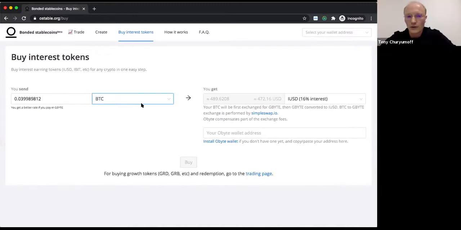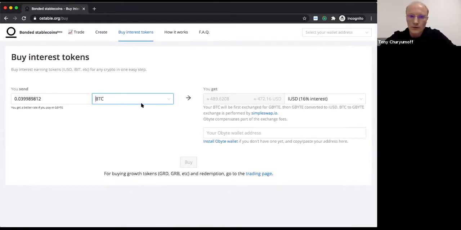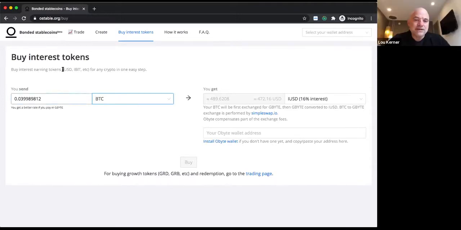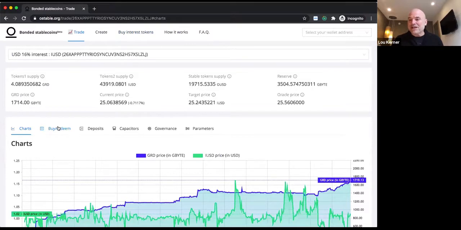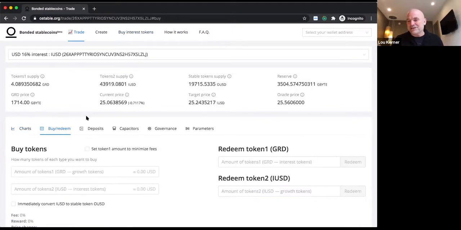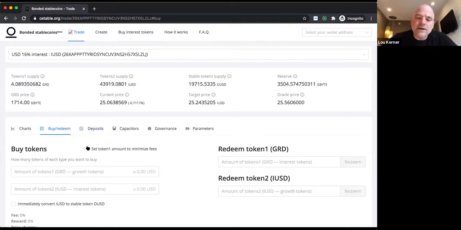Correct, yes. You convert Bitcoin to Gbyte and then use Gbyte as a collateral, as a reserve currency to issue the new stablecoins. Right, but there would be no over collateralizing with Bitcoin because you're selling your Bitcoin in this instance. Yes.